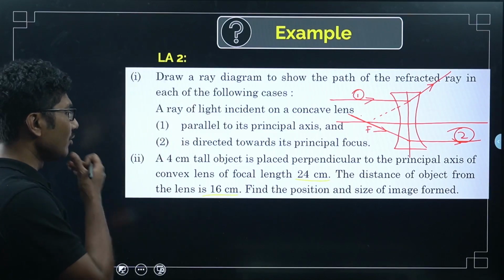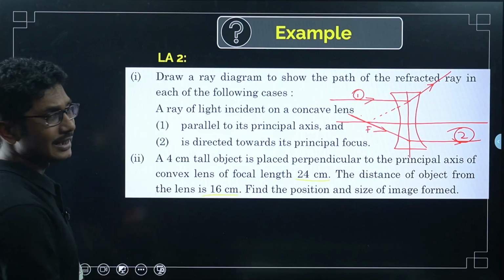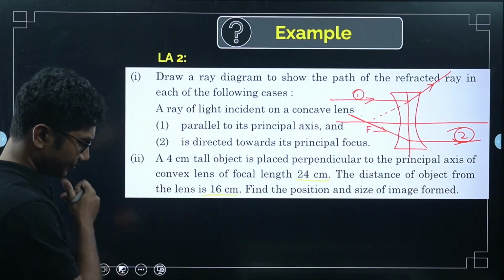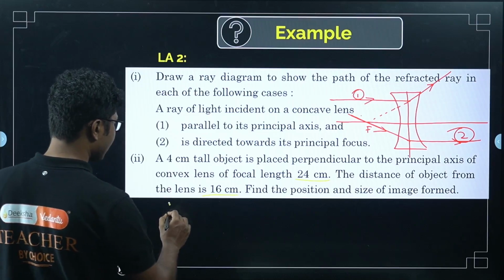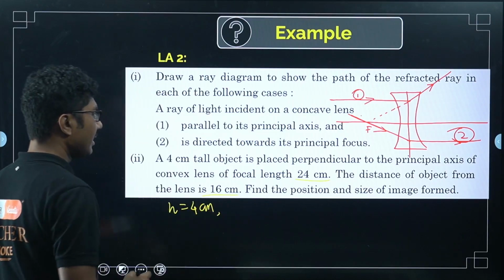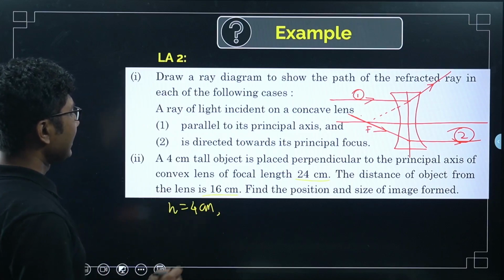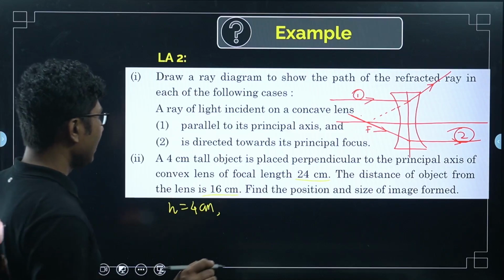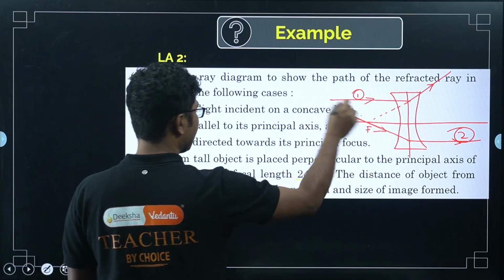So height of the object is 4 centimeter, placed perpendicular to the principal axis of the convex lens. Perpendicular means like this.